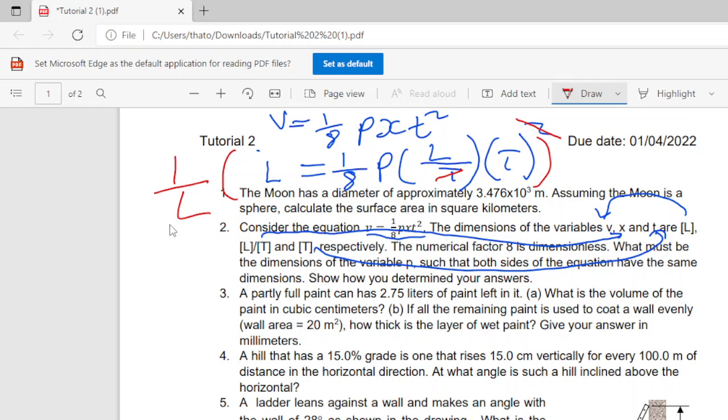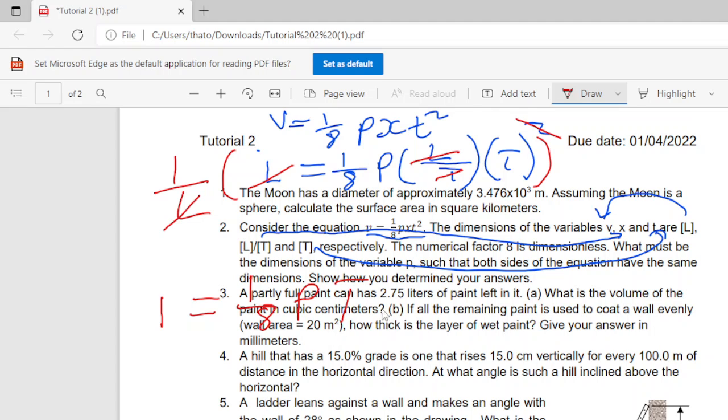When I multiply by 1 over l, this l will cancel, and this l will also cancel that l. So right now our equation looks like this: 1, because this l is cancelled, equals 1 over 8 p. Both of these are cancelled, so it is 1, and now we have t, pt.